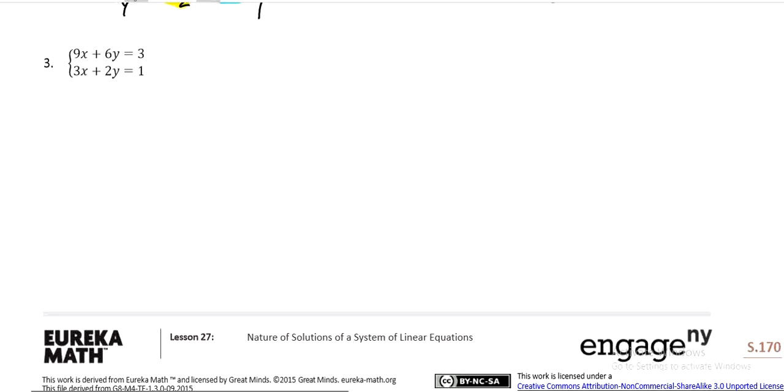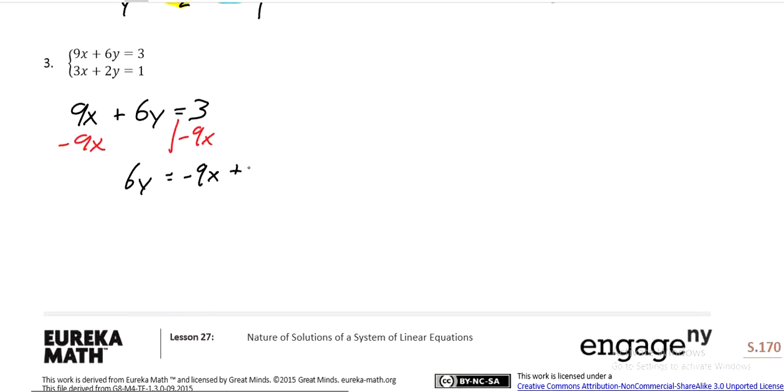Let's get this system into y equals mx plus b. So we have 9x plus 6y equals 3. Subtract 9x from both sides. 6y will equal negative 9x plus 3. Keep going, divide both sides by 6.